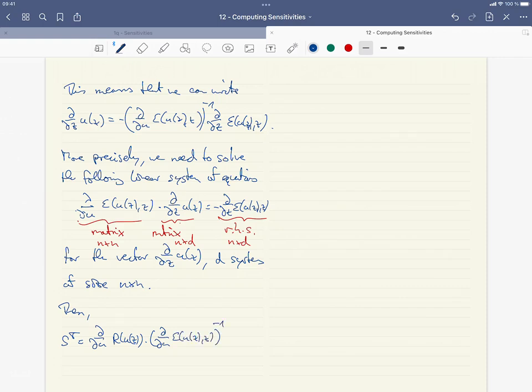So here's the inverse matrix, and here is d over dz e of u of z comma z. And I think I'm missing a minus sign here. So all of this should have a minus sign in front. All right.